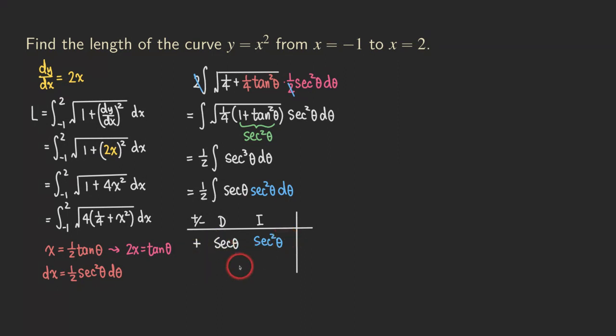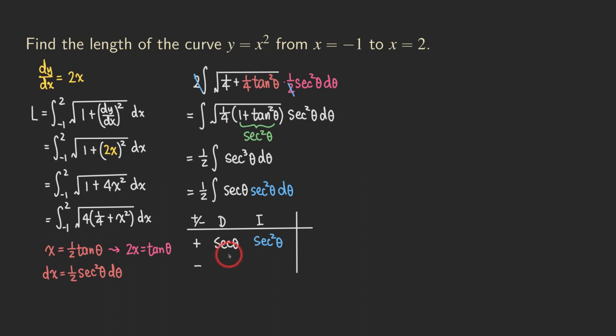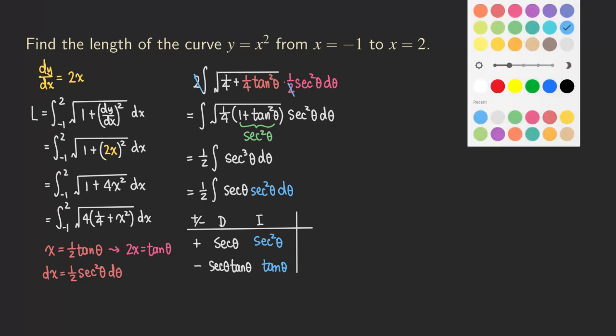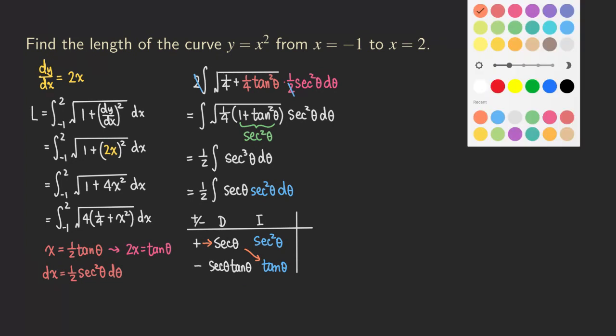And so now go down from here, then you are going to get what? We are going to get minus. Take the derivative of secant theta, then we are going to be getting secant theta tangent theta. Now, what about the antiderivative of secant square? We are going to just get tangent theta here. Okay, so we are actually ready to start writing down the results for integration by parts.